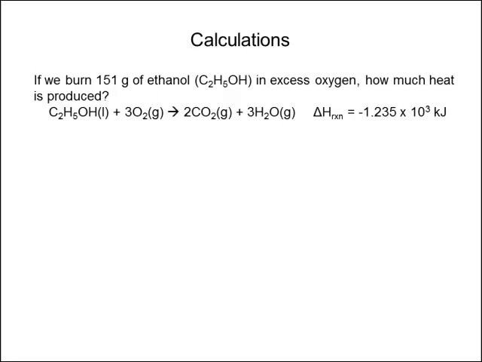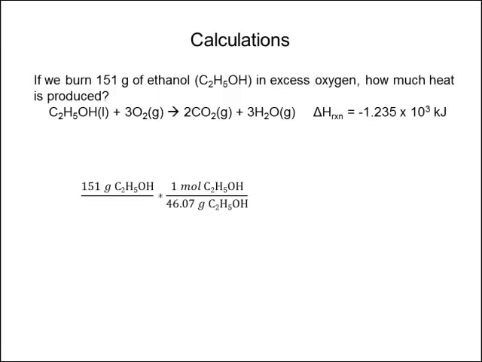In this problem, we're told we have excess oxygen, so we don't need to worry about it. 151 grams of ethanol burns. Well, this is just like the other stoichiometry, except now instead of a mole-to-mole ratio from the balanced equation, we get a mole-to-heat ratio. But it still focuses around the moles in that balanced equation. So if I start with 151 grams of ethanol, I need to get that to moles, and I do that using the molar mass.